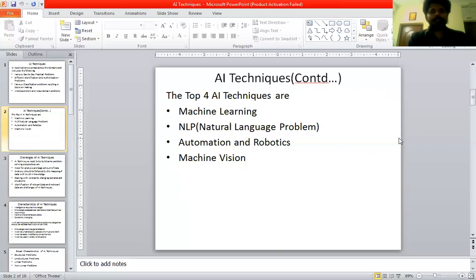This is automation and robotics, which comes as both software and hardware and can be used in real-time artificial intelligence.